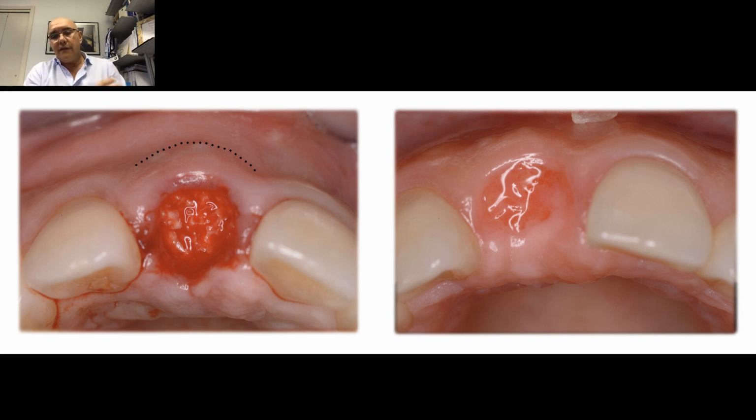And even if the face view was okay, the occlusal view was not okay, because you can clearly see that, yes, we have that buccal bulk, but the quantity of soft tissue in the coronal aspect would not be sufficient to create a tooth that is invisible. So we would have to make a flap, we would have to put an implant, and the tooth would look definitely longer than the neighboring tooth.